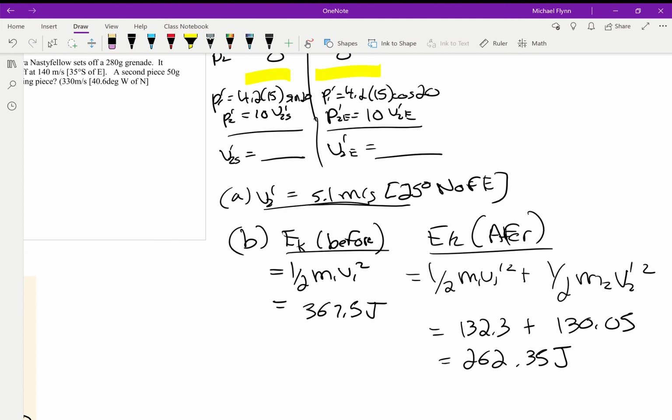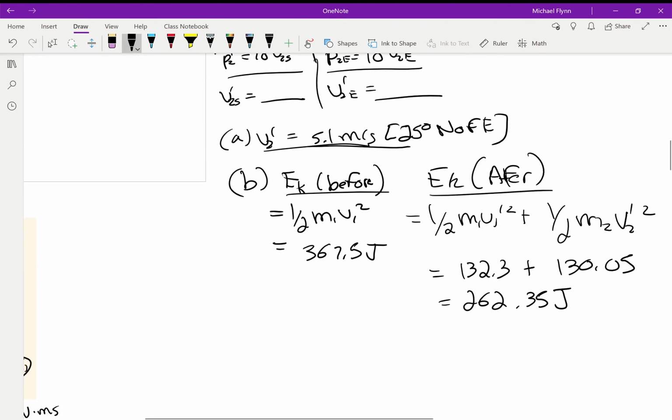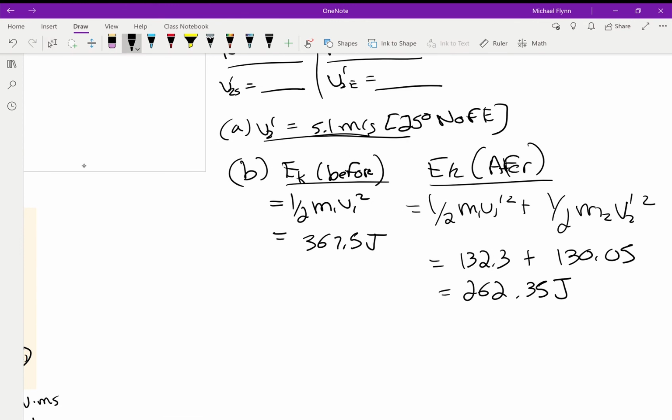So if you take these two energies, we clearly see that there's more before and some has been lost.